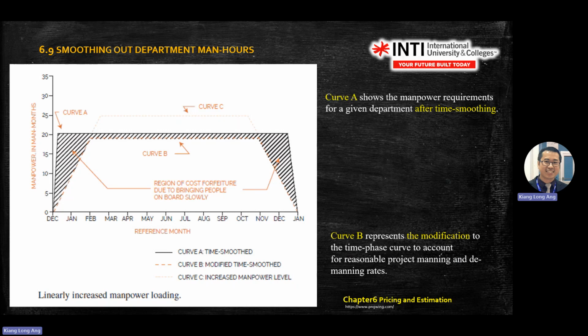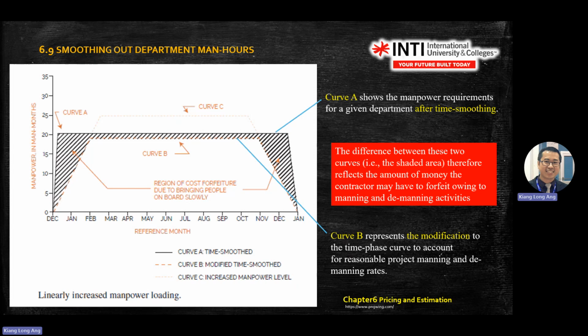So again, the axes are still the same: the number of man-months you need and the reference month. Curve A shows the manpower requirement for a given department after time phasing. Curve B is the modification of the time-phased curve to account for reasonable project manning.